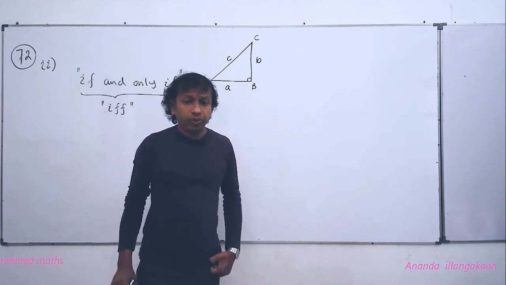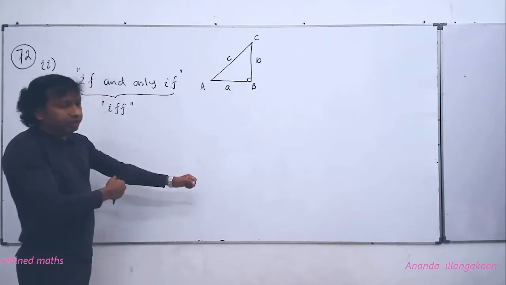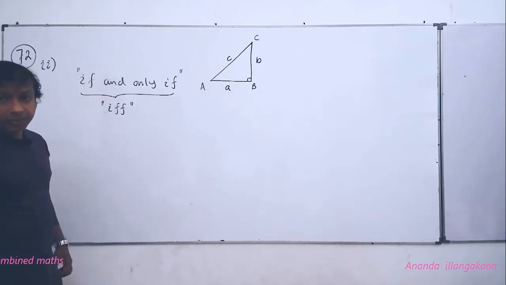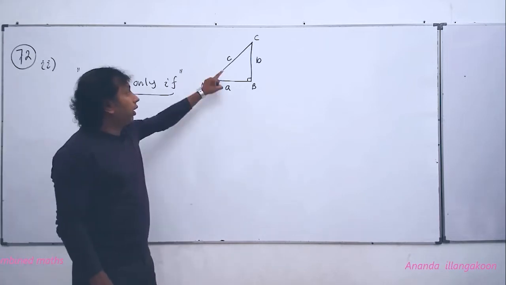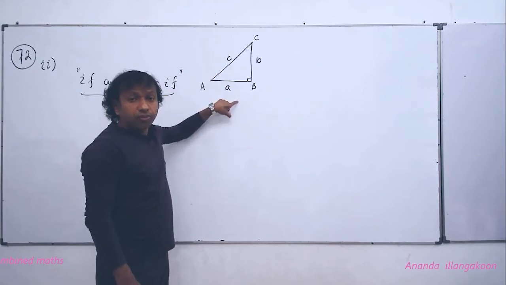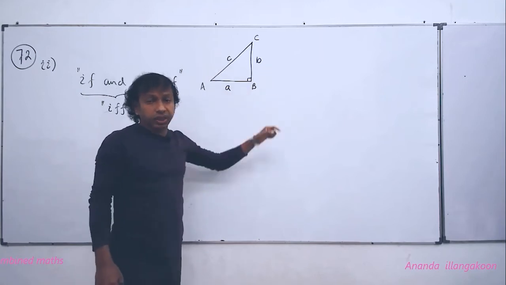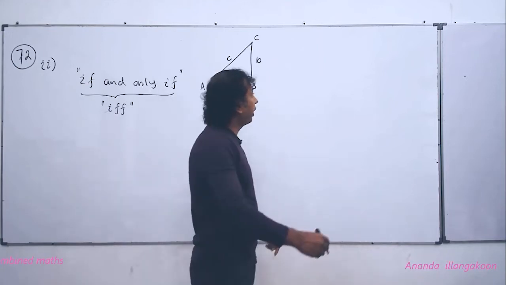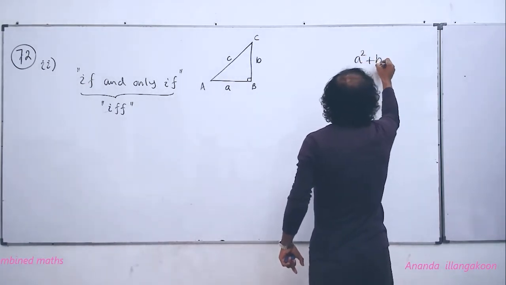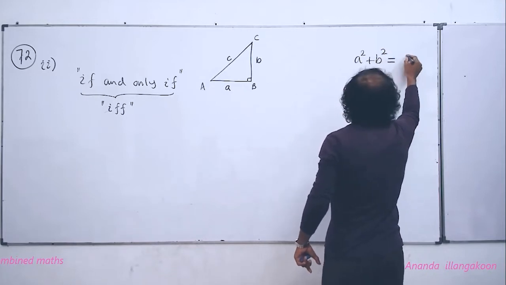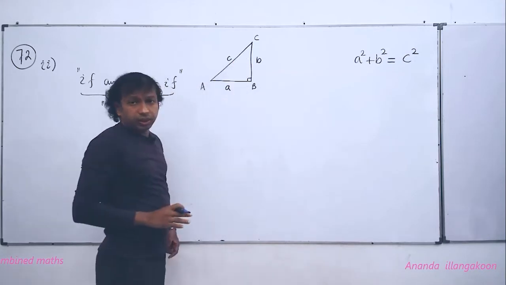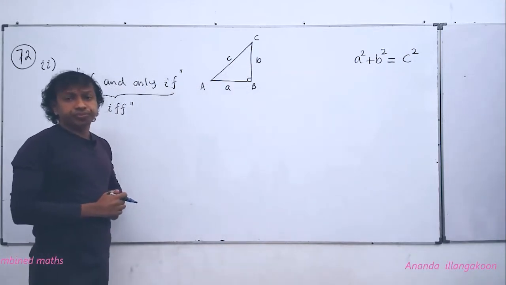So for this right angle triangle ABC, we can write the Pythagoras theorem. The Pythagoras theorem states that the hypotenuse squared is equal to the sum of the squares of the other two sides. So I can write a squared plus b squared is equal to c squared, because the triangle is known to be a right angle triangle.